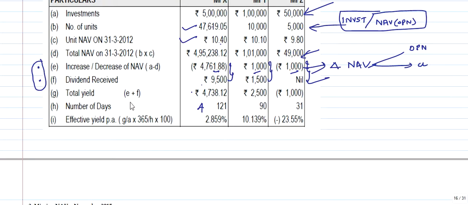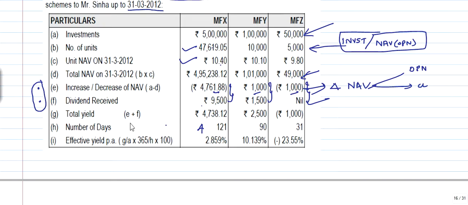If you exclude the first date, it will be 30 in December, then January 31, February 29 because it is a 2012 leap year, then 31, you will get 121 days. Correct? 30, 31, 29, 31, 121 days.